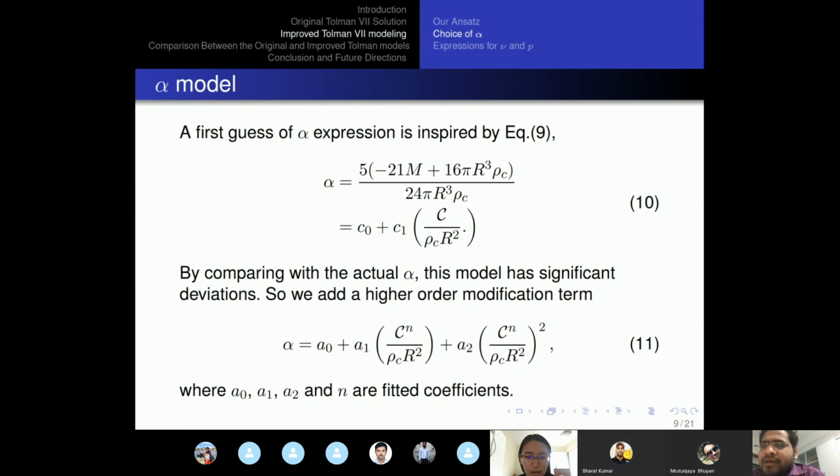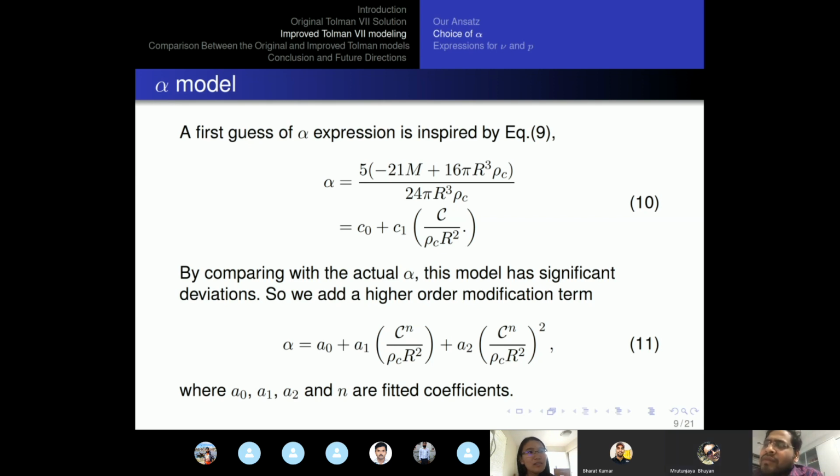I mean, the physics behind this. Why should one think that the central density should be a function of mass and radius? I think maybe you can think of it in a different way.